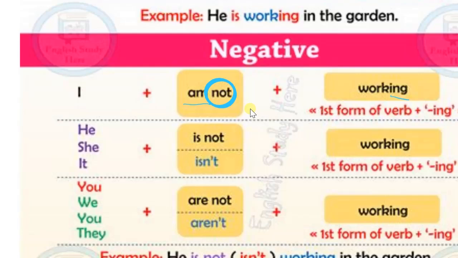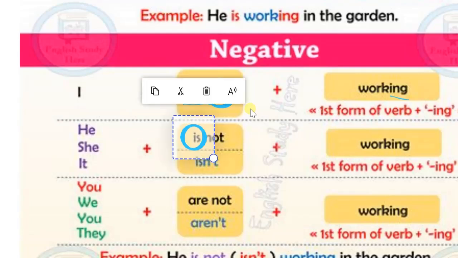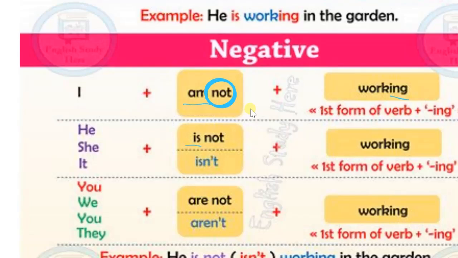He, she, it: the be verb is plus not, and verb ing, working. Plural pronoun they, we, you: the be verb will be are, and the mandatory negative word not plus verb ing.